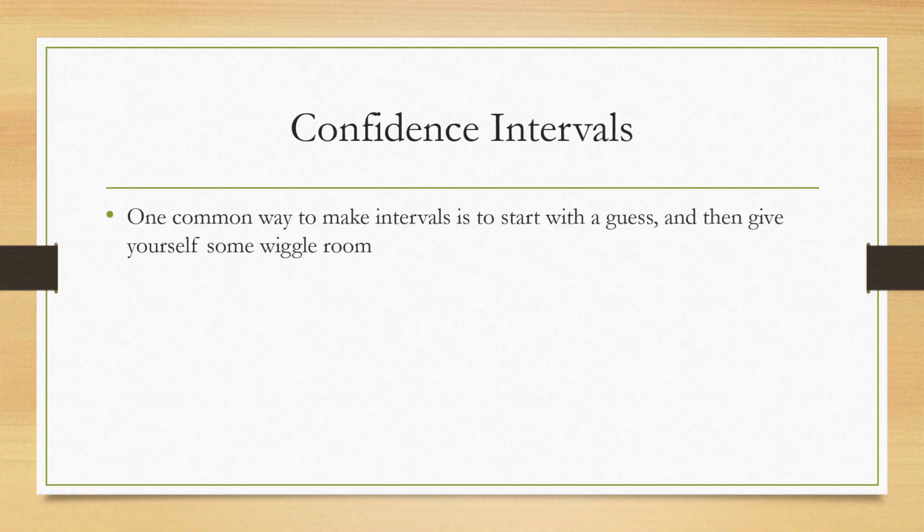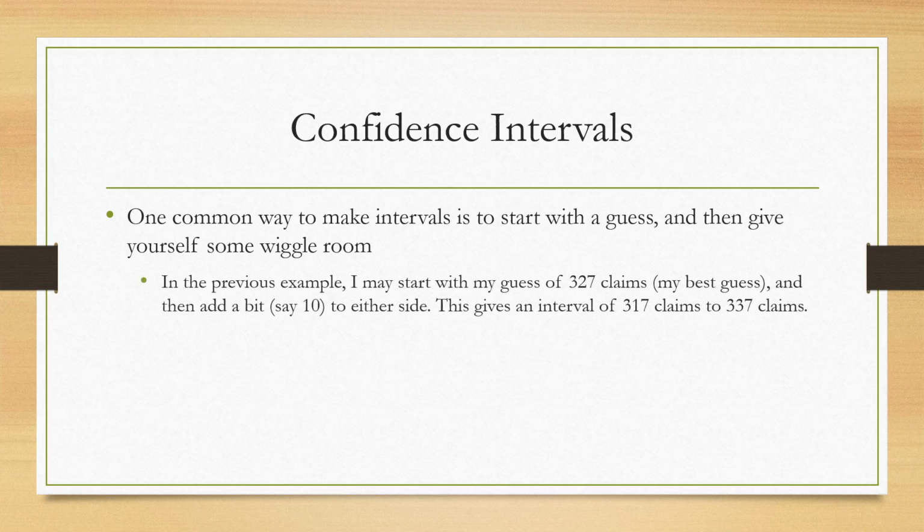Now, one way that I can go about making this interval is to start with a guess and then give myself some wiggle room on either side. With the previous example, I might start with a guess of 327 insurance claims. So maybe that's my best guess of what I'm going to have to process this week, or what my hospital is going to have to process this week.